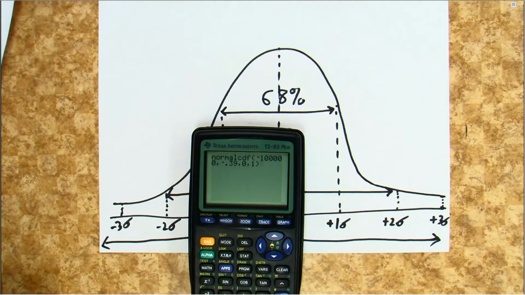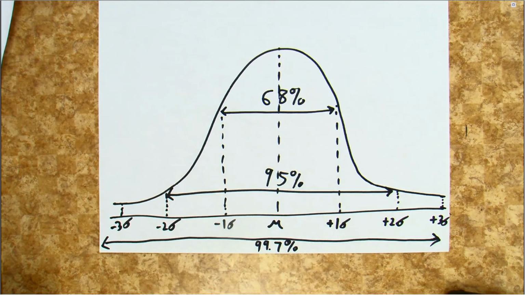Negative 0.39, yeah. So which means on my normal curve, I'd be about here, negative 0.39, or less. So my lower limit would be way over there, and my upper limit would be negative 0.39.